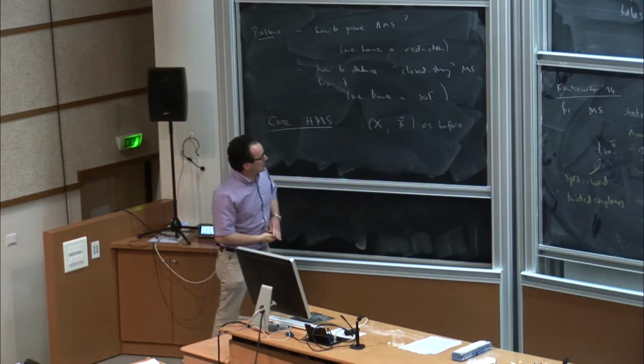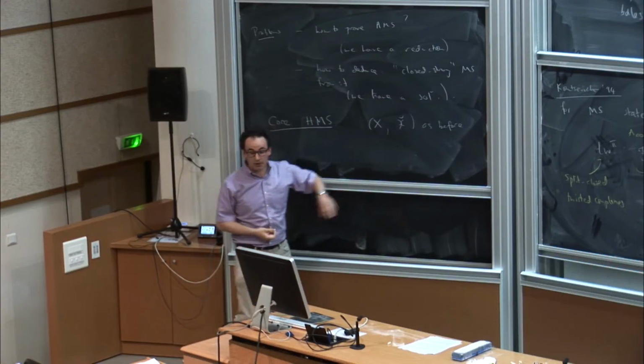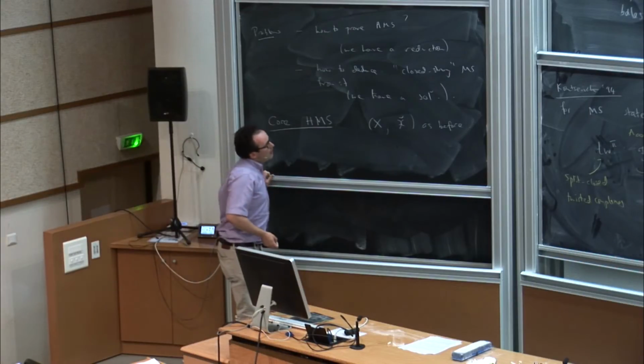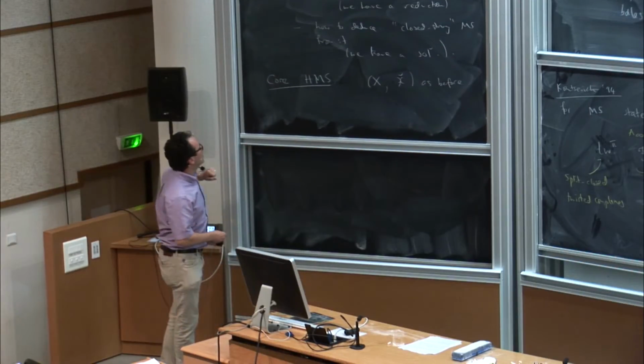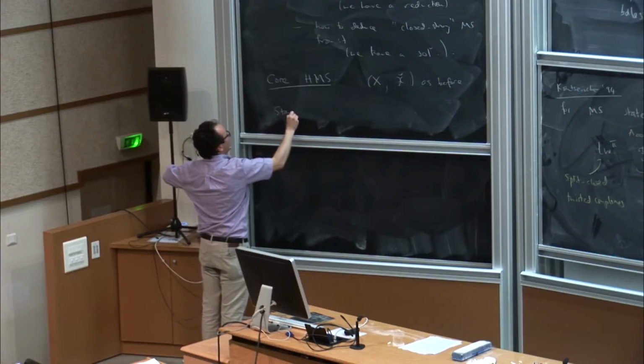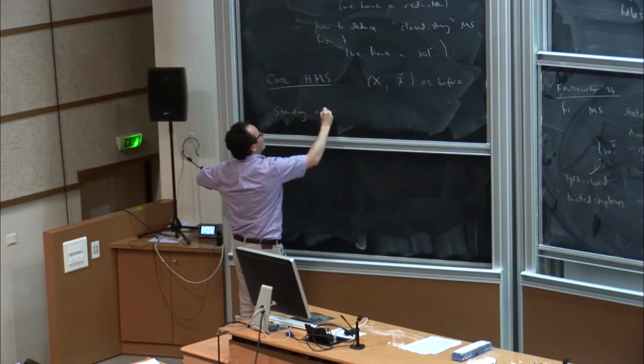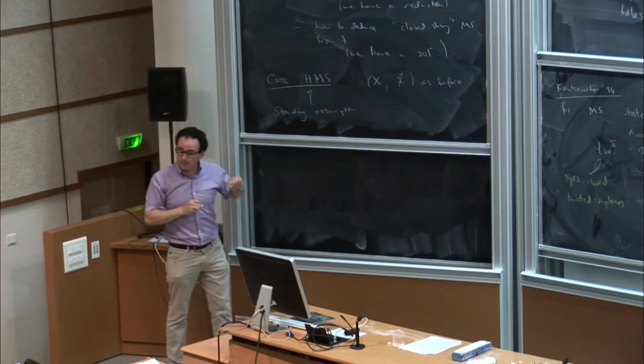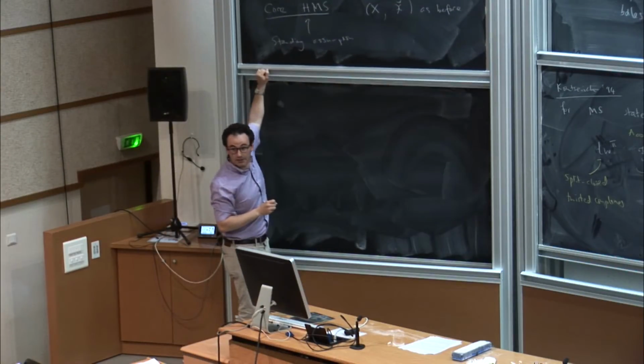So, for example, X check has this maximally unipotent monodromy assumption. And so our standing assumption, which is what I call core homological mirror symmetry, is the following statement.